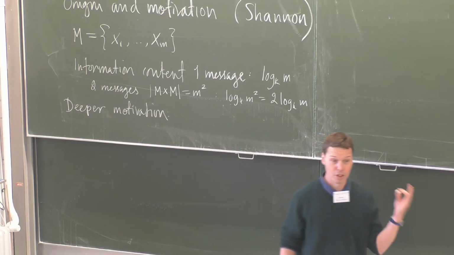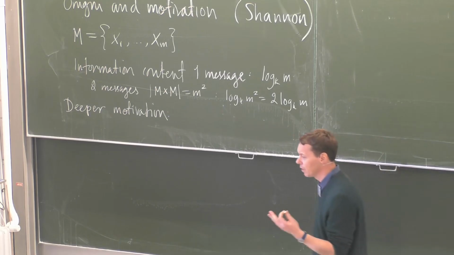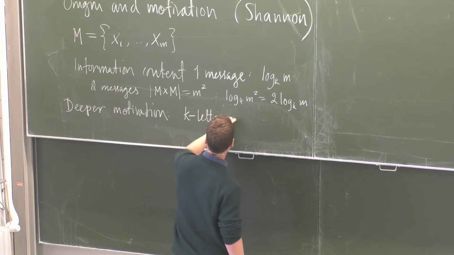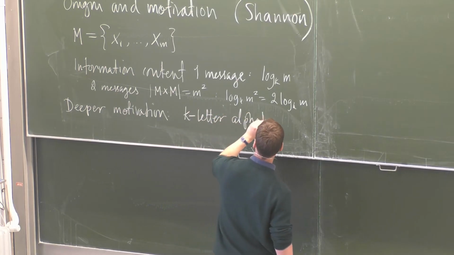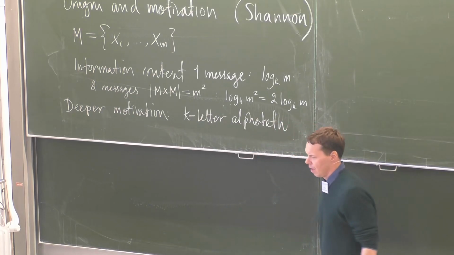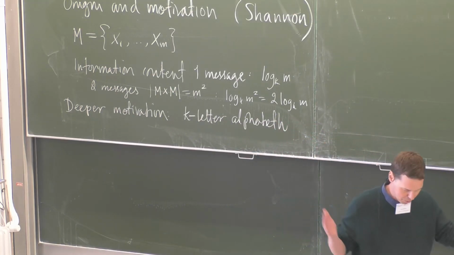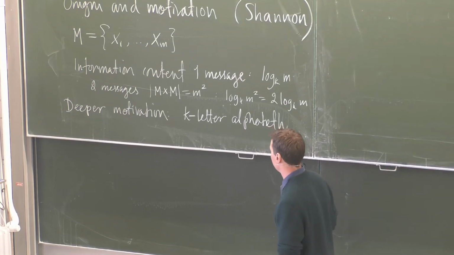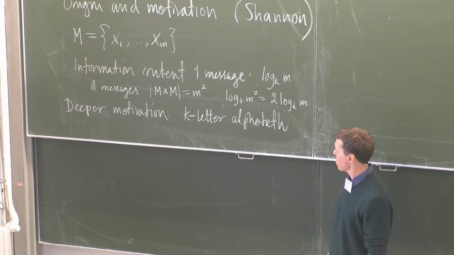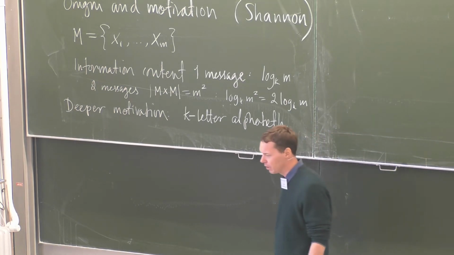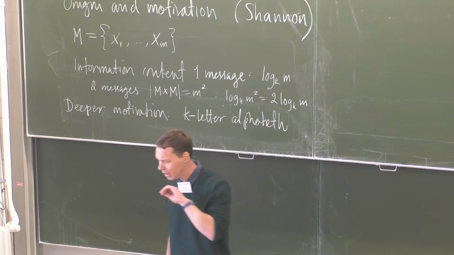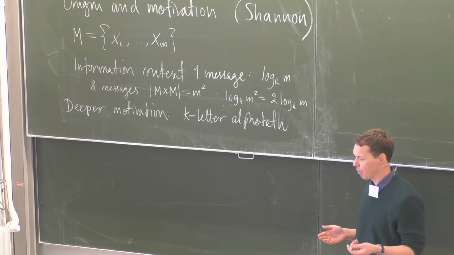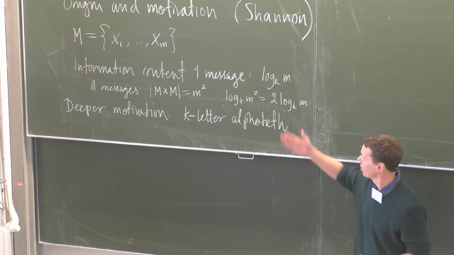If you encode your messages in a k-letter alphabet, binary alphabet 0 and 1, or it could be our common Roman, you have some k-letter alphabet, and you ask, what is the minimum number of letters I need if I want to represent a message from the set M?